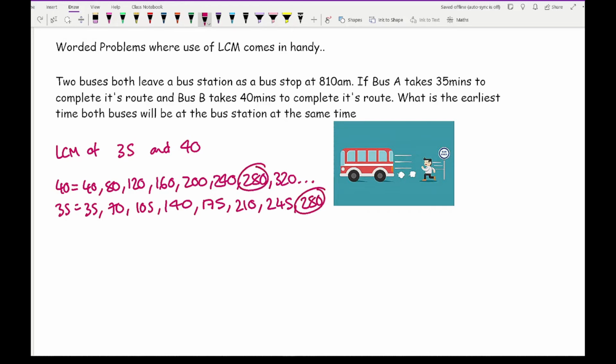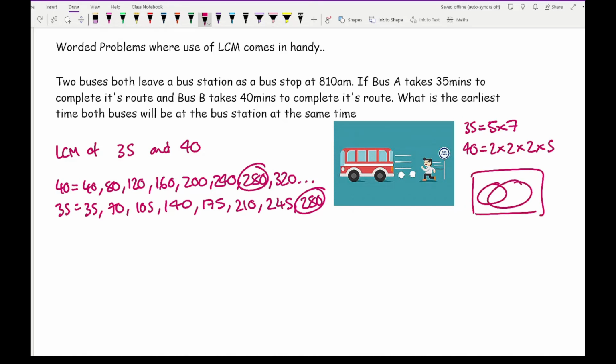Another alternative I could do is write 35 as a product of its primes, so I've got 5 times 7, and 40 is going to be 2 times 2 times 2 times 5. If I draw my Venn diagram, I've got 5 that appears in both.